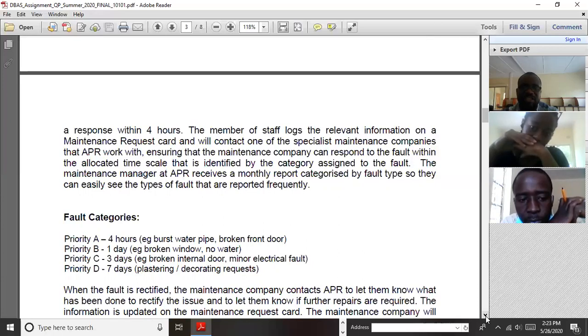this company is the one now putting things in categories, those with the agents, those with the lowest priority, just like that. So they have categorized water pipes as the first agent issue. Then the second priority is broken window and no water.